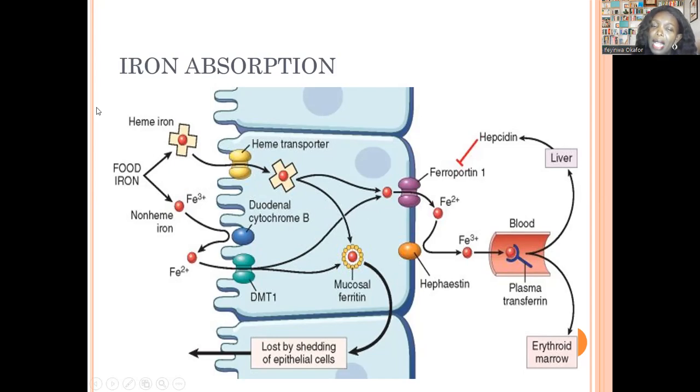But remember, the iron in the form of iron 2 must first be converted back to iron 3 in the presence of hepcidin before it can be bound to plasma transferrin. The iron bound to plasma transferrin can be taken to erythroid cells for production of erythrocytes, and it can be stored in the liver.